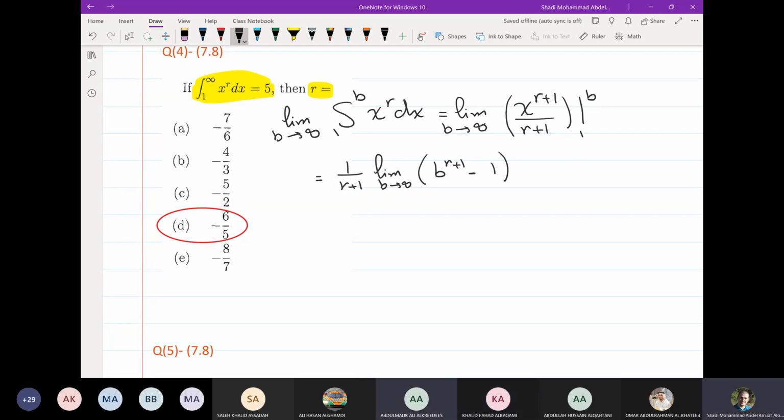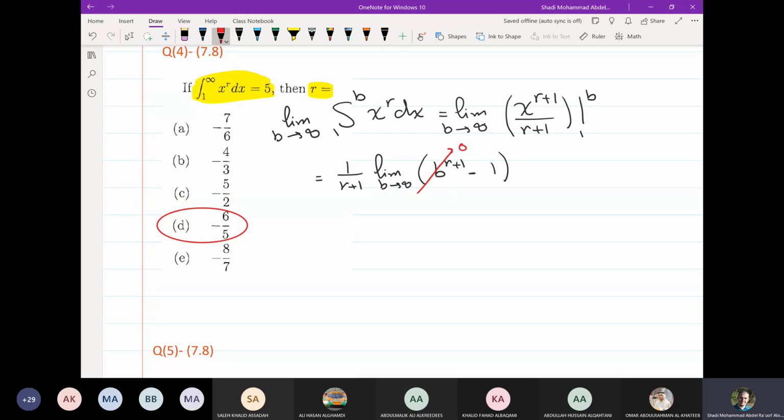Yes. Now, my question: what is the limit of b to the power r plus 1 as b goes to infinity? It's infinity, right? No, it should be 0, because if it were infinity, it would diverge. This one should go to 0. You know why?